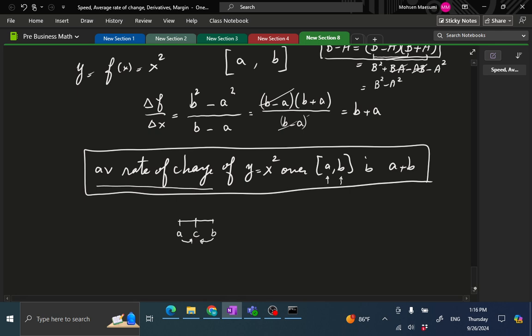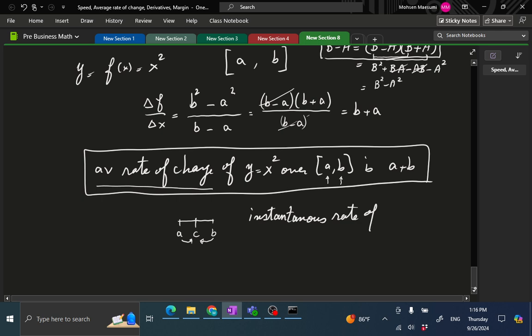So we can say the instantaneous rate of change of y is equal to x squared at C is 2C.